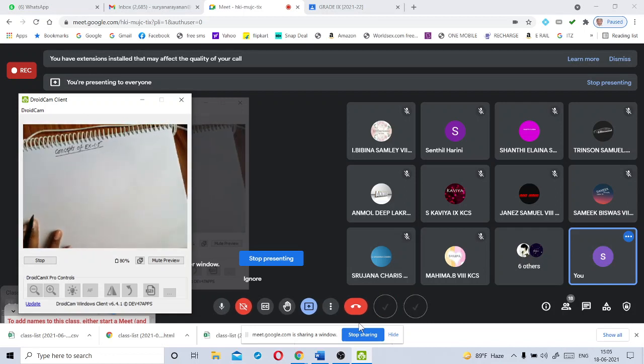Okay. Now, how to add two real numbers? How to subtract two real numbers? What is the product of two real numbers? How to divide a real number by another real number?